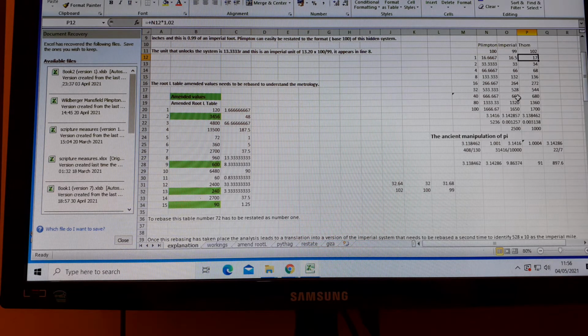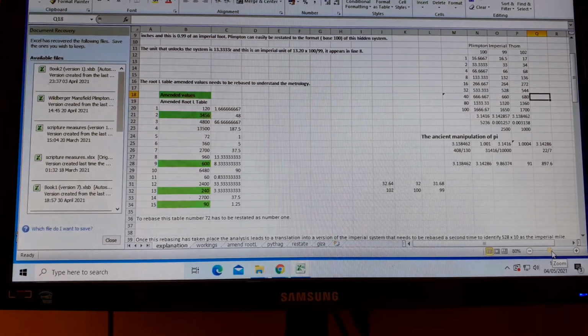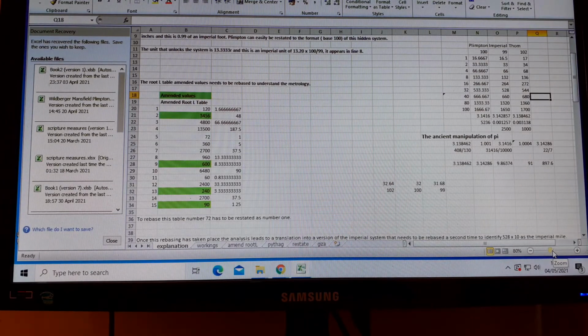We've got 660 in imperial and 680 in Thom. And we know that the saros plus is 6,600 days and the nodal cycle is 6,800 days. So we can see how the Plimpton table can be amended to find these values. And another thing that I discovered at the Aubrey circle is that they were manipulating pi.